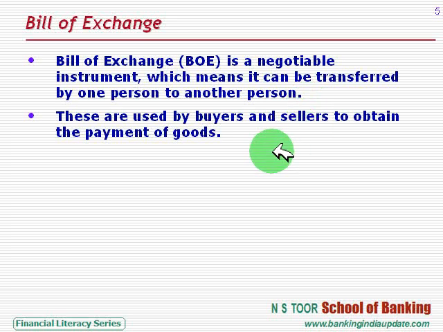Bill of exchange is used by buyers and sellers to obtain payment of goods. So payment on sale may be received in cash, or payment may be arranged through bill of exchange. So this is used by buyers and sellers to obtain payment of goods.